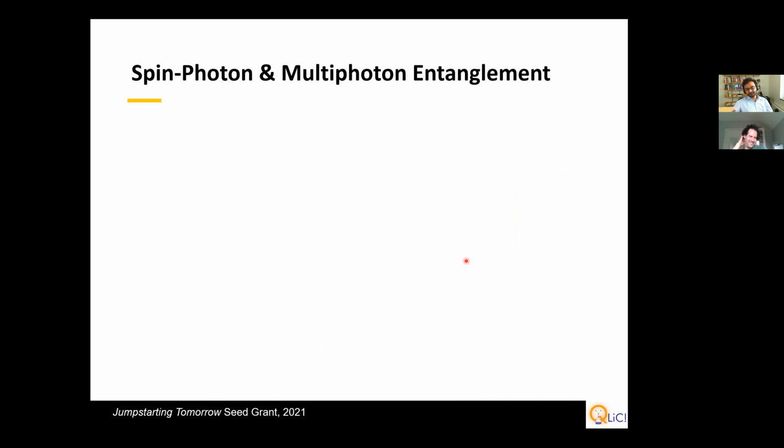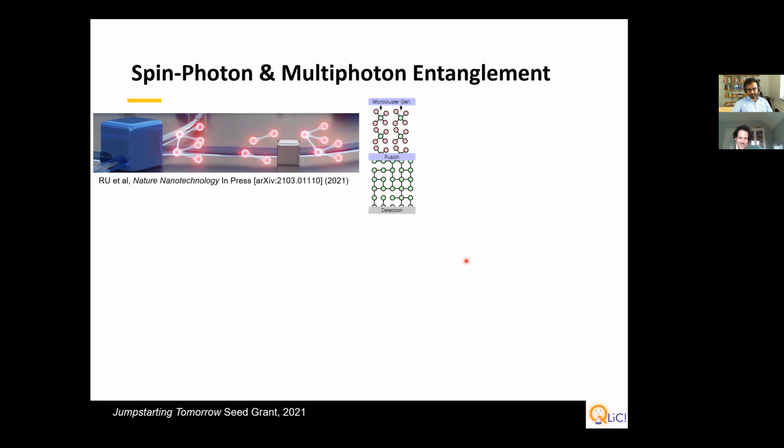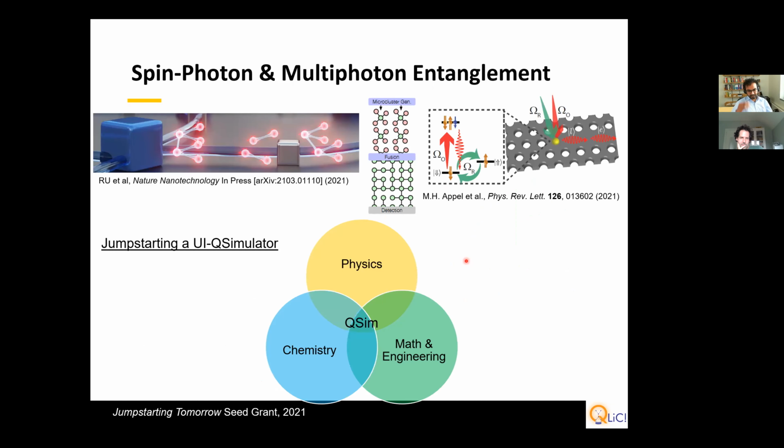So yeah, but going further, in my own group my interest is largely in going beyond single photons and generating large entangled states. And part of this is also something that I've been involved in at the university, to start a photonic quantum simulator-like platform.